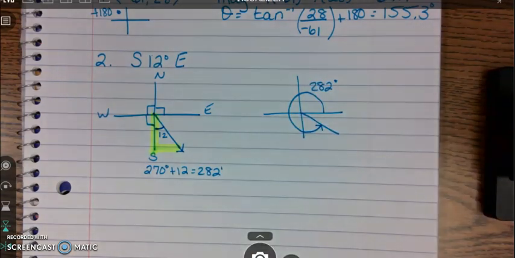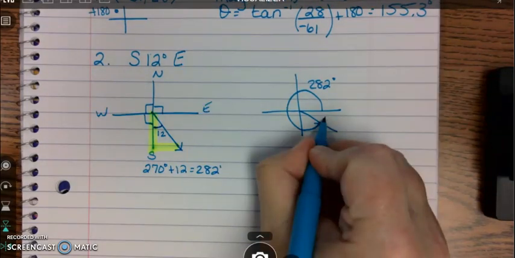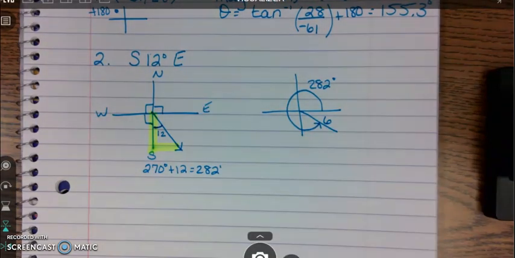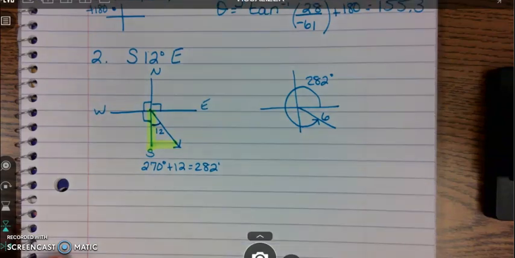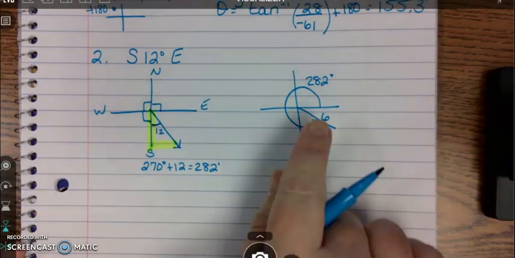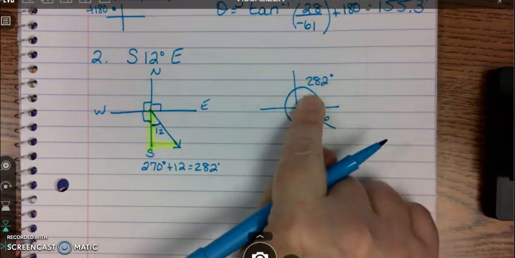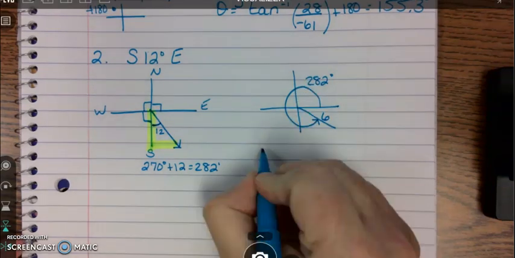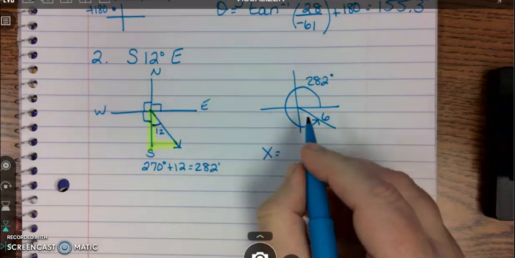And what was my magnitude? 6. We need the component form. Because we have an angle measure, we're going to use the cosine and sine.